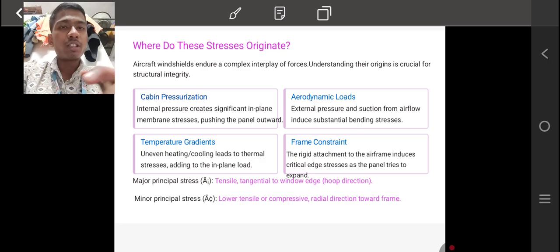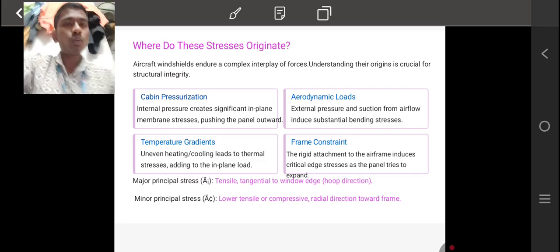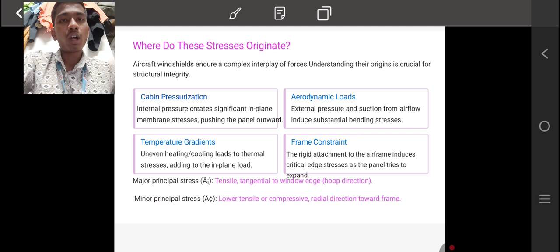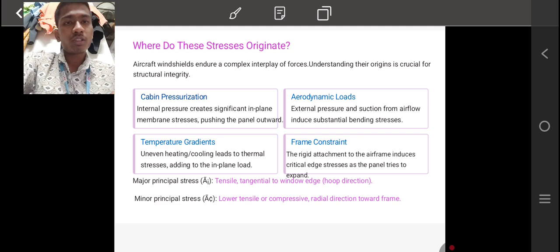Due to cabin pressurization, internal pressure creates significant in-plane membrane stress, pushing the panel outward. The pressure inside is higher than outside, so it pushes the panel outward.